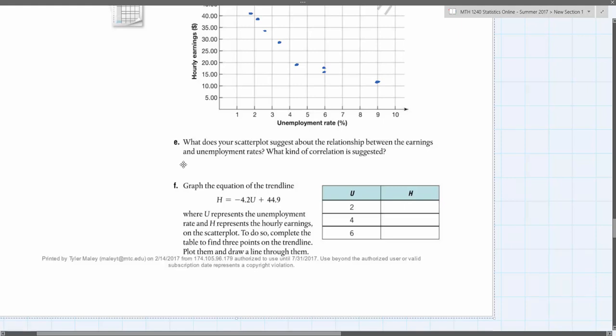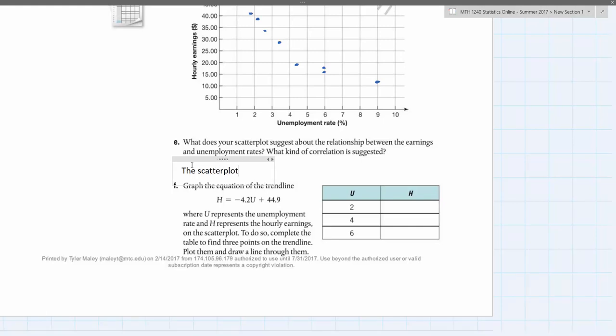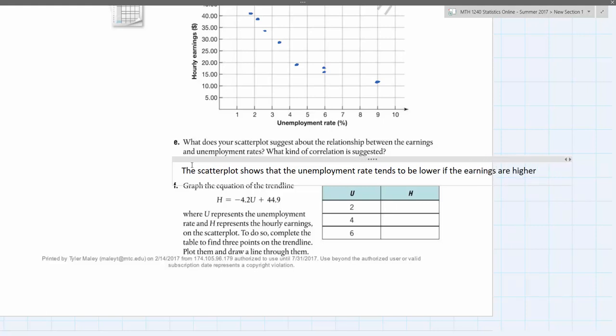So what we could say here is the scatter plot shows that the unemployment rate tends to be lower if the earnings are higher.